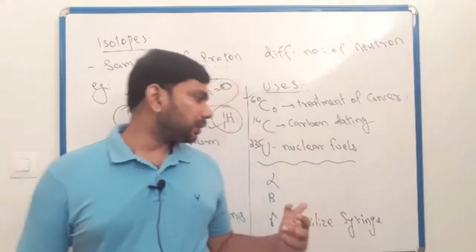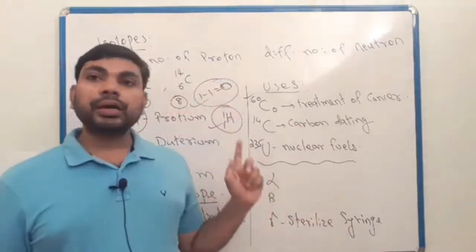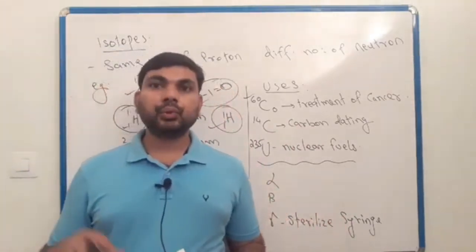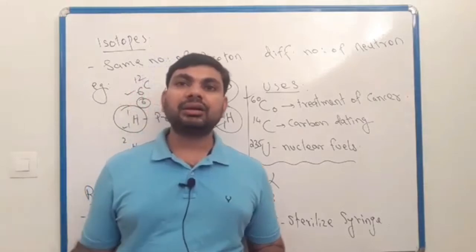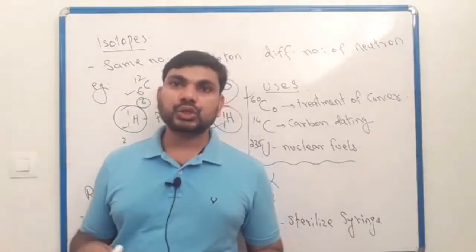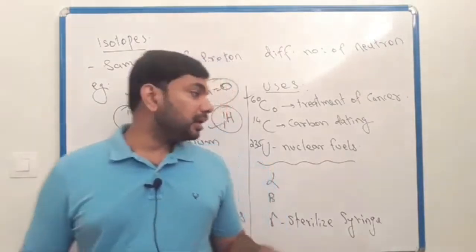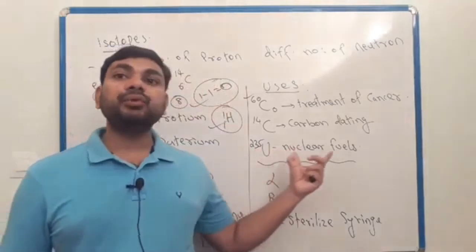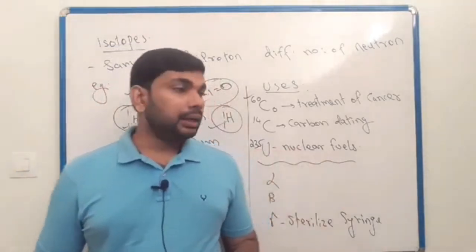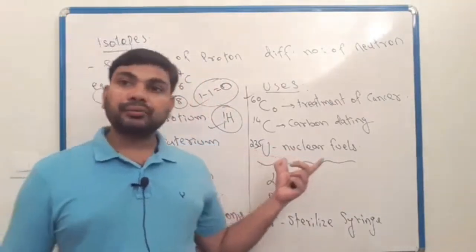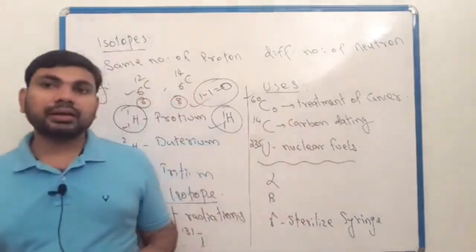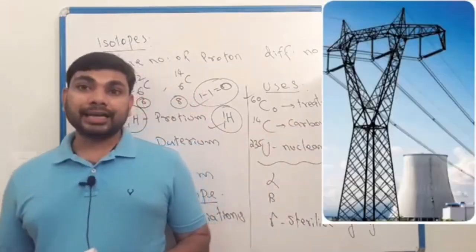And another one, uranium 235. Uranium 235 is another radioactive isotope. It is used as nuclear fuel. You can see this figure here, this nuclear reactor.